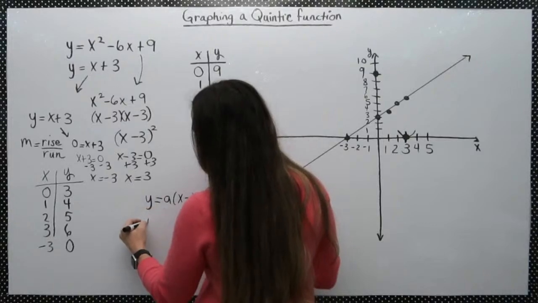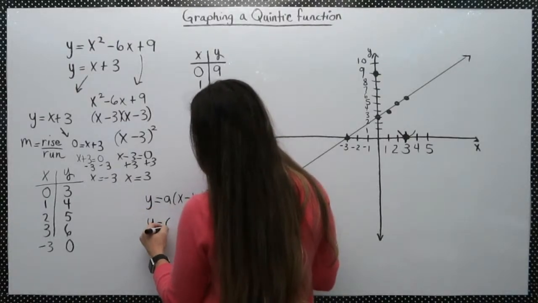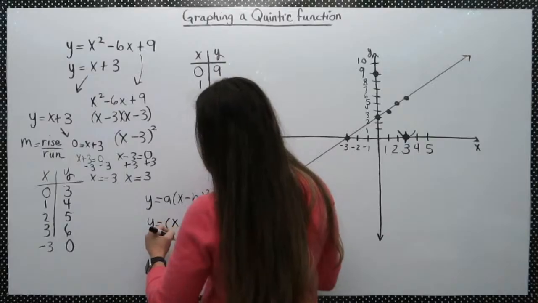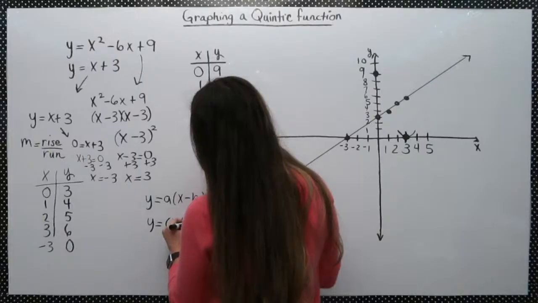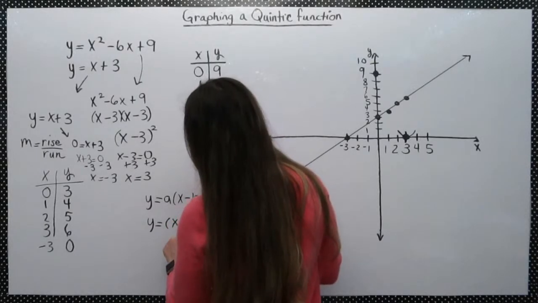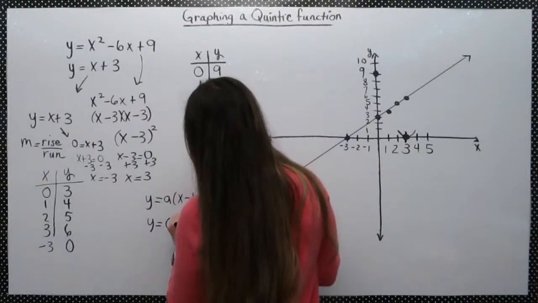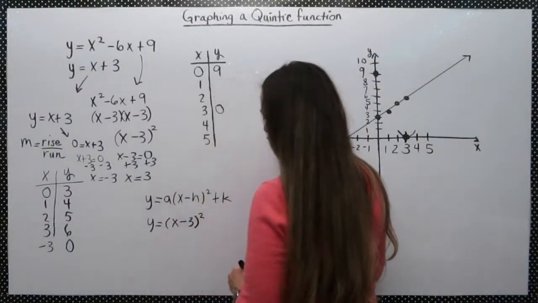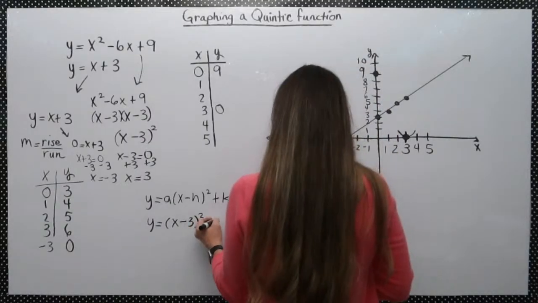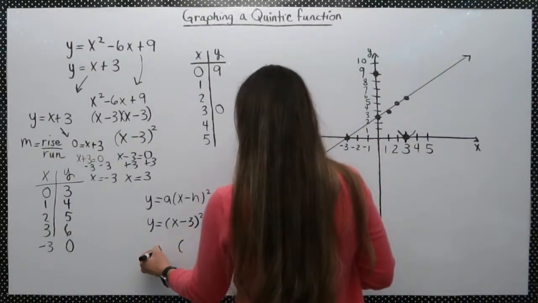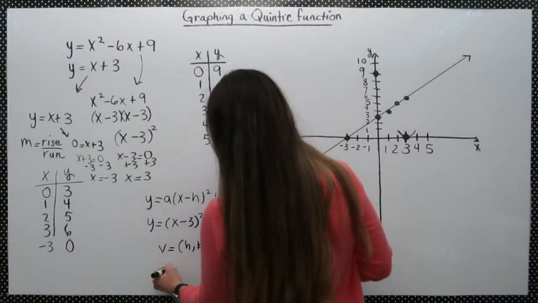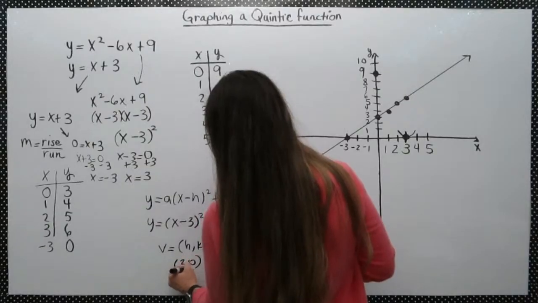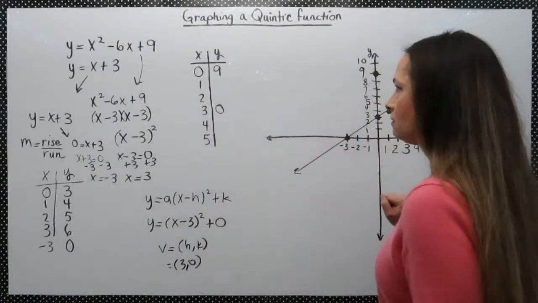So it'll be x minus 3, not x plus 3, it's minus, because we've already graphed it. Since we have this, it puts our k at 0. So our vertex is at h comma k, so it's going to be positive 3 comma 0, which we already have.